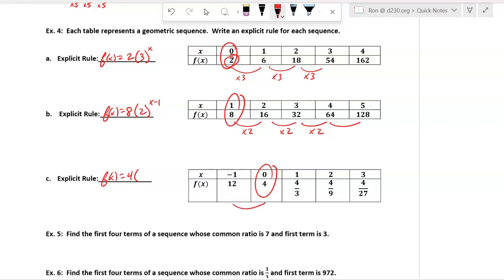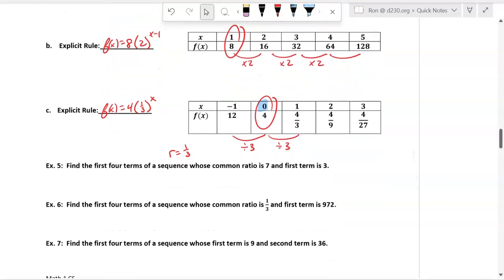Well, to go from 12 to 4, I'm dividing by 3. From 4 to 4/3, I'm dividing by 3. So my common ratio, remember, dividing by 3 is the same as multiplying by 1/3. So it's going to be 1/3 to the x power. I don't have to subtract 1 up top because I am starting with the 0 term.